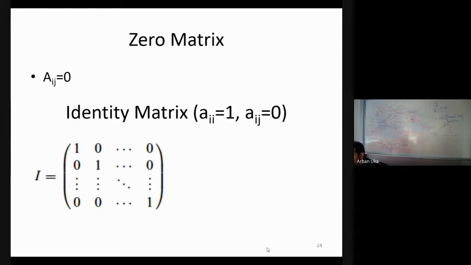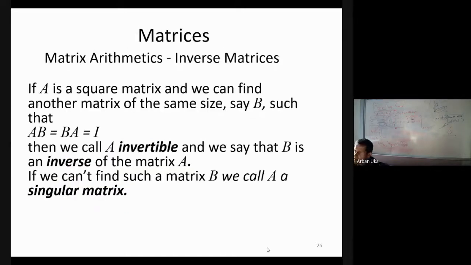We talked about zero matrices. We talked about identity matrices, where all the diagonal elements were 1, and the non-diagonal terms were 0. For example, here, Aij is 0, as long as j and i are different from each other. Here, there is an important property of matrices. Some matrices, not all, have an inverse.